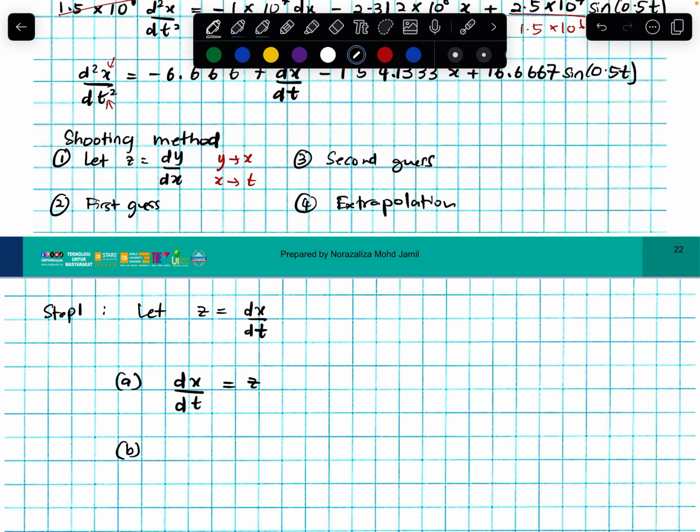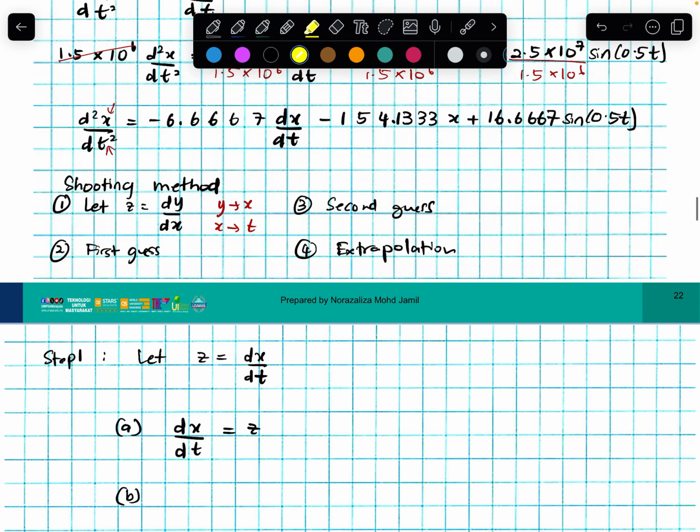And the second function is the equation from the problem. How to write it? Okay, look here, we have d²x/dt², this part. Actually this is d/dt of z. Why do I say that?